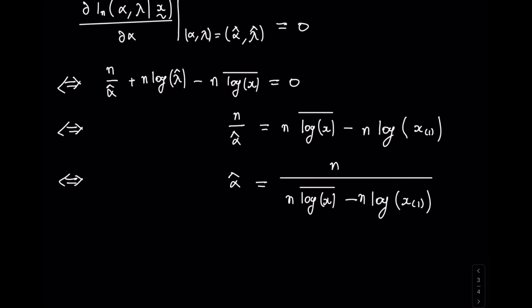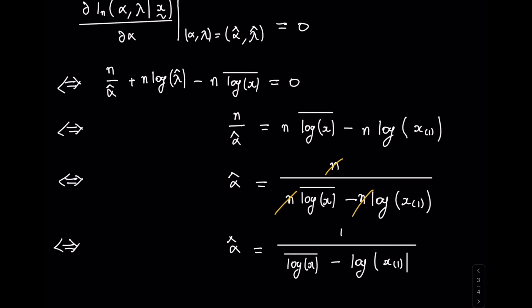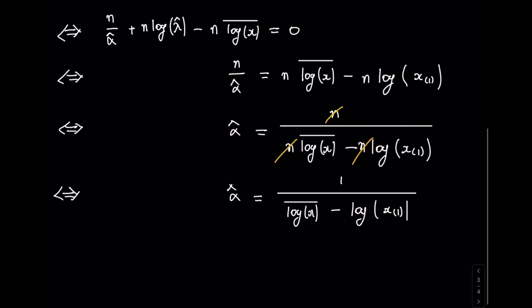Then the n's cancel with one another, or you can take n out as a common factor from the numerator and the denominator, and that finally leaves us with alpha hat is equal to 1 on log x bar minus log of x1. Complete the fraction.